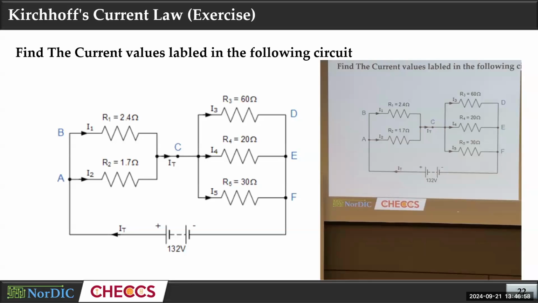Sometimes when you draw circuits in simulators and software, they automatically name the nodes. So it's just the name of the point. That's it. We are teaching you the hard way, but eventually there will be some software that you will use.